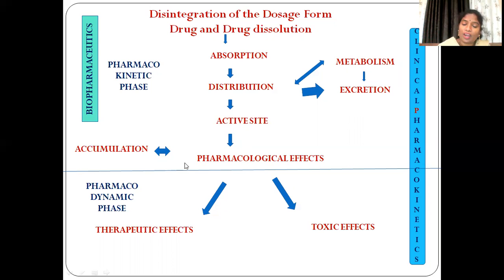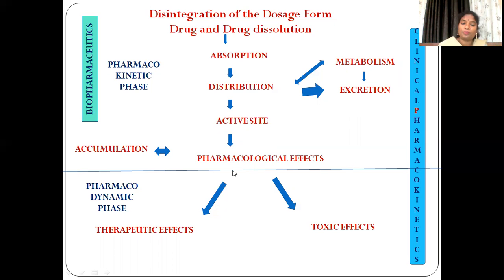Whenever the drug is accumulated within the body and not binding to the site of action, it will show toxic effects.